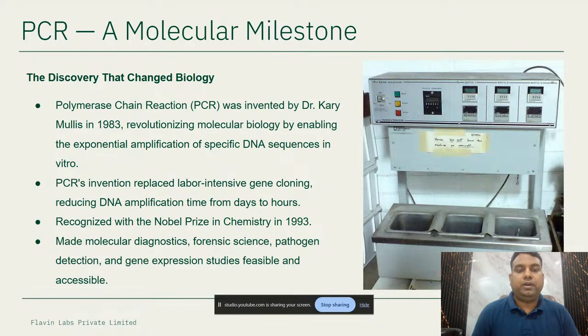It made molecular diagnostics, forensic sciences, pathogen detection, and gene expression study very feasible and accessible. As you can see, I've also represented an image of the original PCR. There were three temperature-controlled compartments, and we had to add polymerase manually in each reaction.